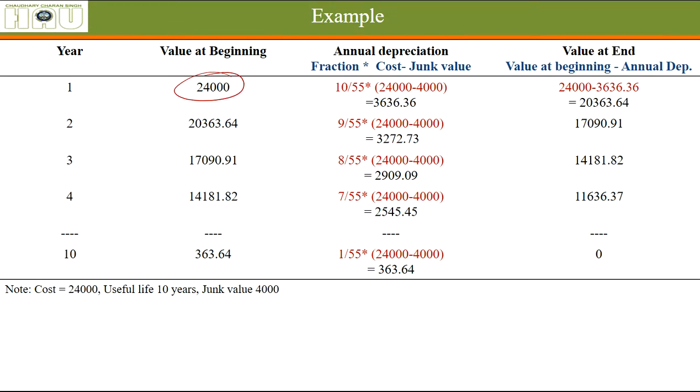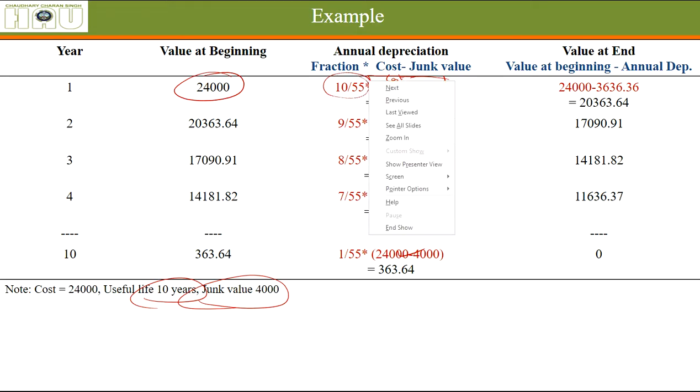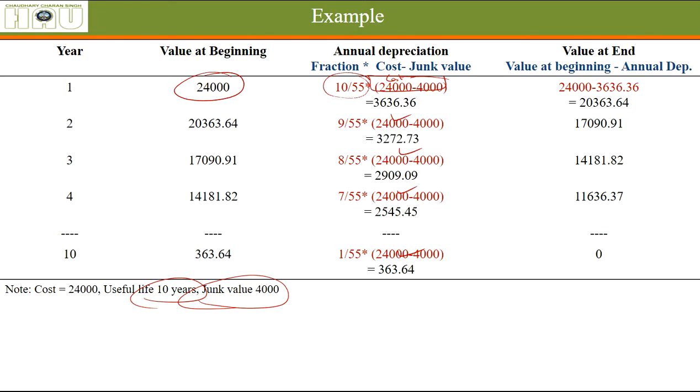24,000 value at the beginning and junk value is 4,000. Useful life is 10 years. Okay, so this cost minus junk value, always same. Even in the 10th year it is same. Okay, so the annual depreciation in the first year will be years of life remaining in the first year, 10 by the sum of years digits, 10 by 55.